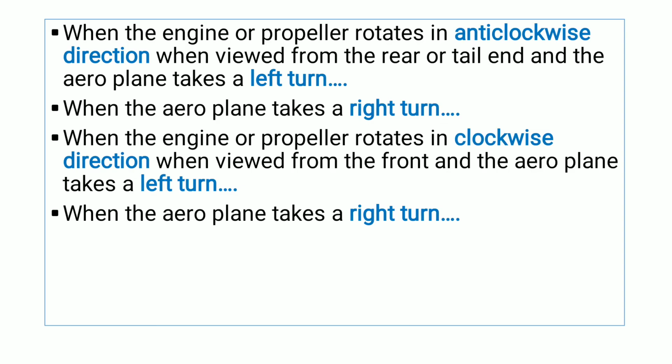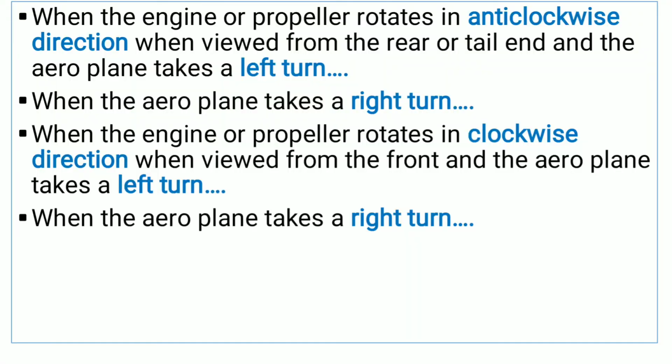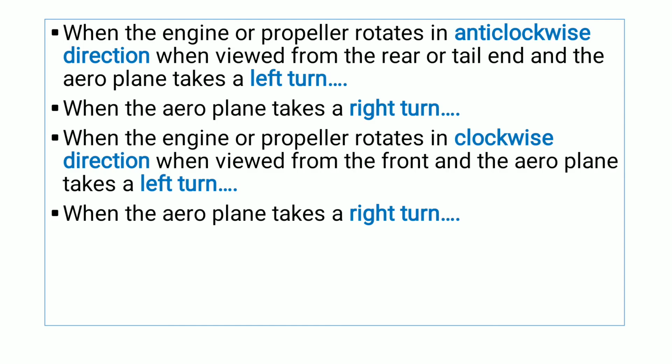When the engine or propeller rotates in anti-clockwise direction, viewed from the rear or tail end, and the aeroplane takes a left turn, then the tail will be raised and the nose will be depressed.